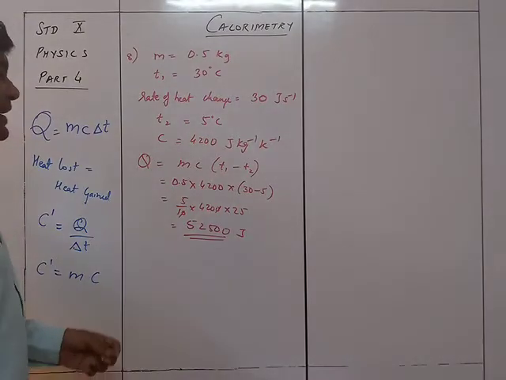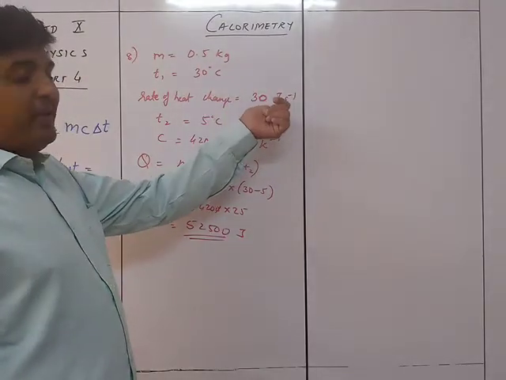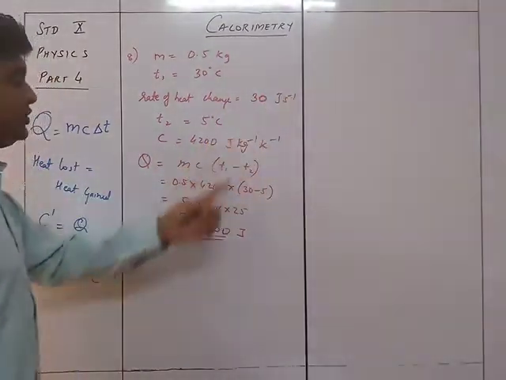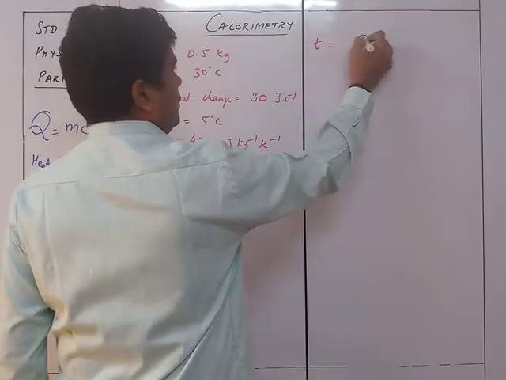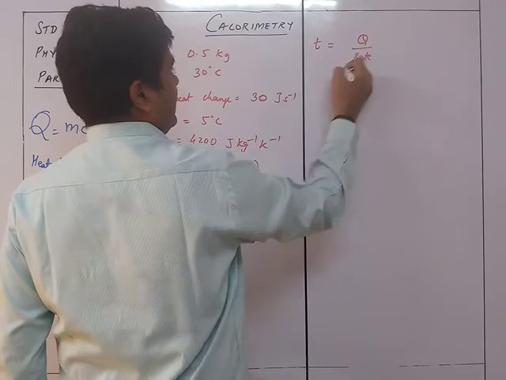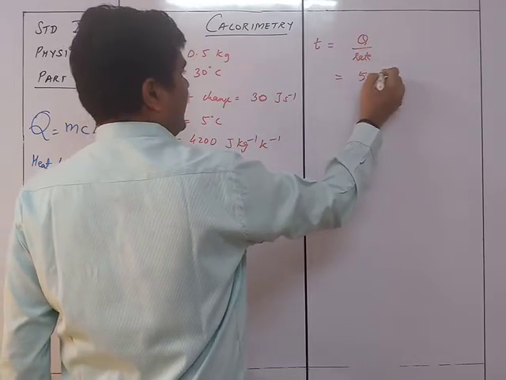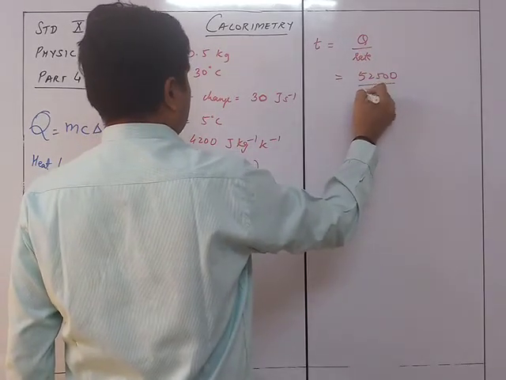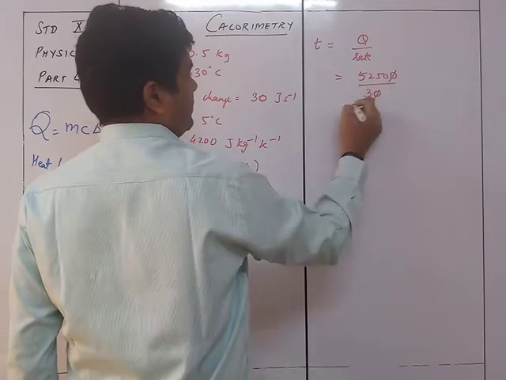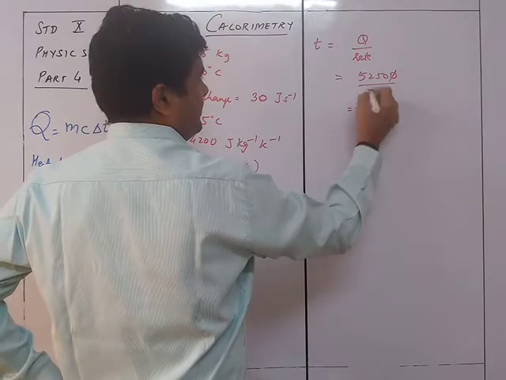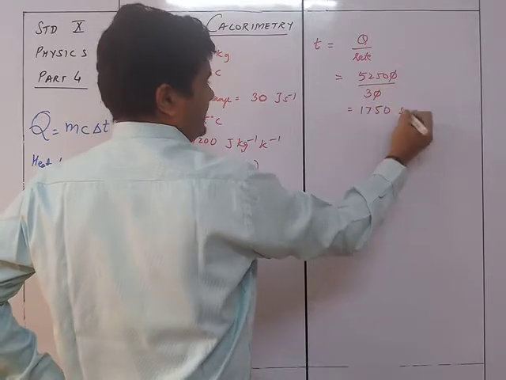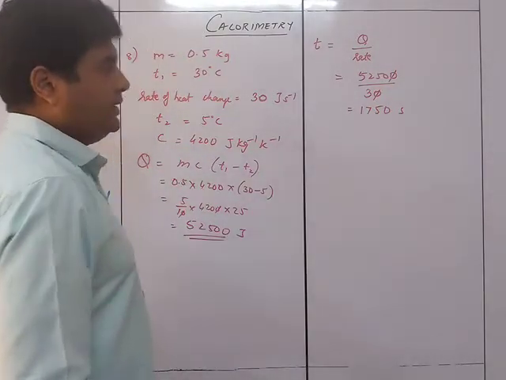Now they have given that the rate at which it is going to fall is 30 joule per second. So obviously the time will be equal to Q upon rate, that is 52500 upon 30. That gives you 1750 seconds.